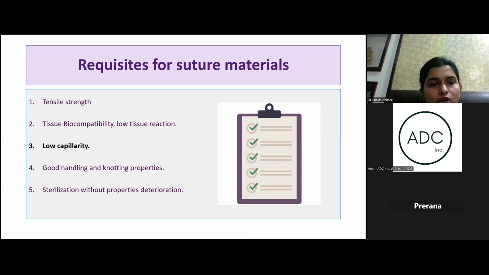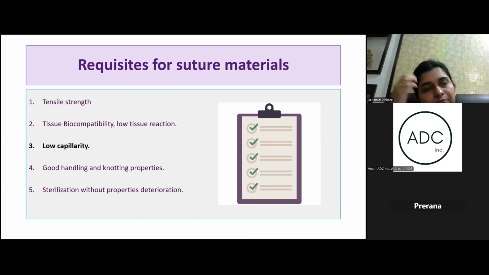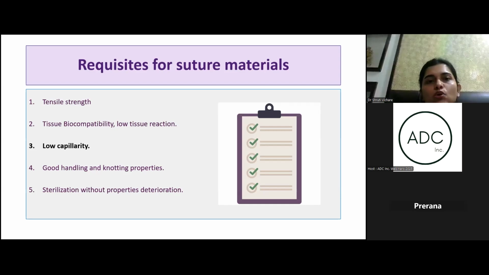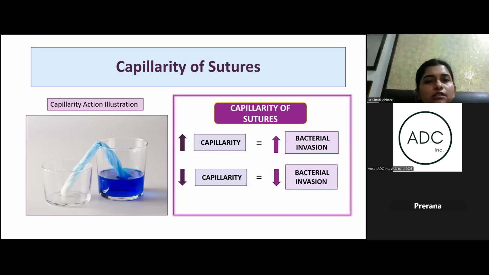Knotting property should be good, right? And sterilization without property deterioration. So when you have those packaged sutures where the manufacturers are sterilizing it, after sterilization, the properties of the sutures should not get deteriorated, right? So that is what you call as an ideal suture. There's one point that requires explanation, that is low capillarity. So the explanation is in this coming slide now.